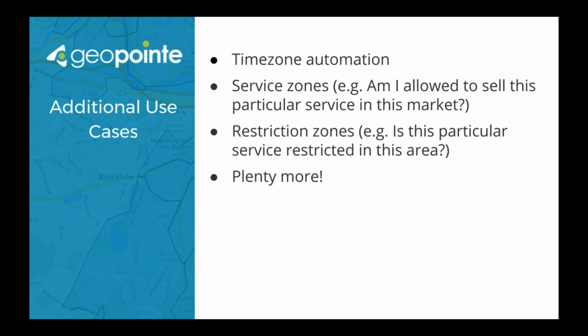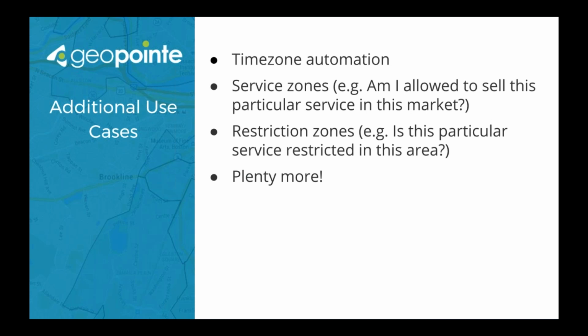Service zones for products. Am I allowed to sell this service or product in this market? Yes or no? You can then use that to write that information onto your Salesforce records. The exact opposite, restriction zones. I've worked with customers in particular with Airbnb and places where Airbnb is not allowed.